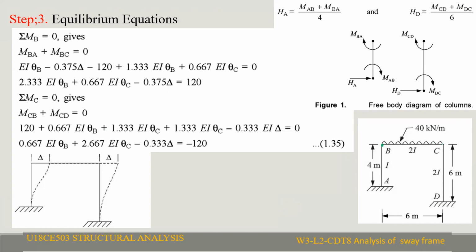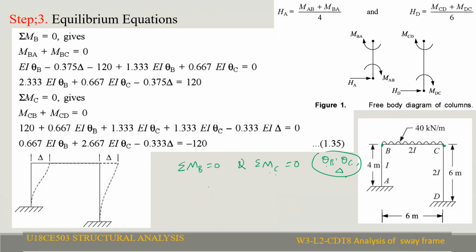The joint equilibrium equations will be the summation of moments at B equal to 0 and the summation of moments at joint C equal to 0. We have 3 unknown displacements, that is theta B, theta C, and delta. So we cannot calculate theta B, theta C, and delta from the joint equilibrium equations alone. Another equation is also required for complete analysis.